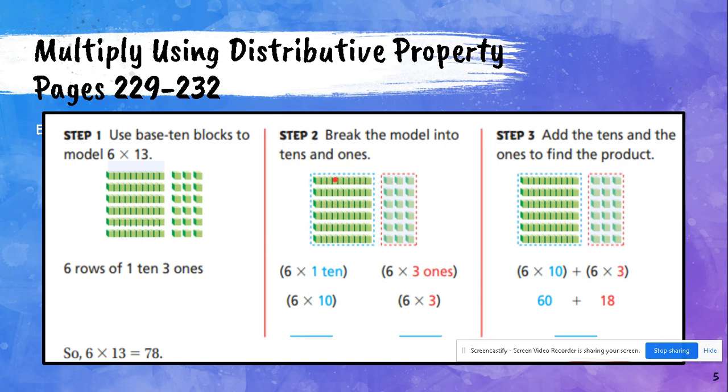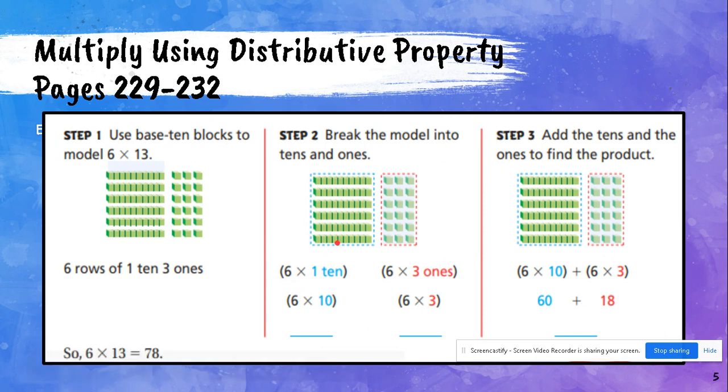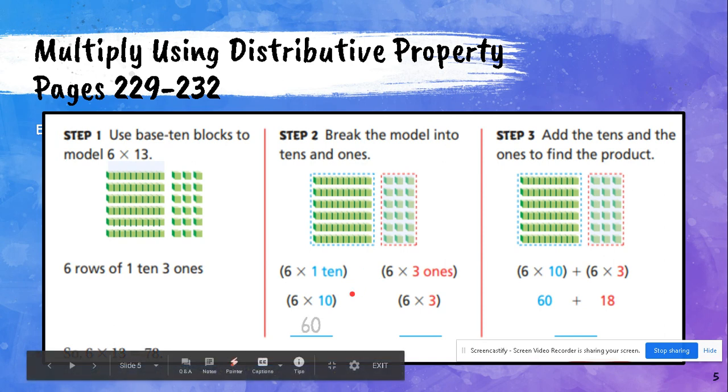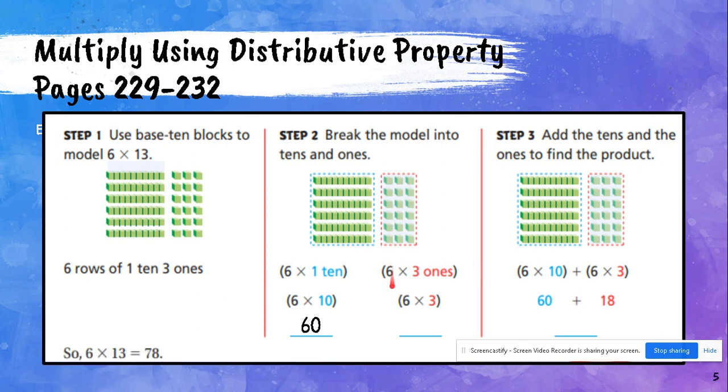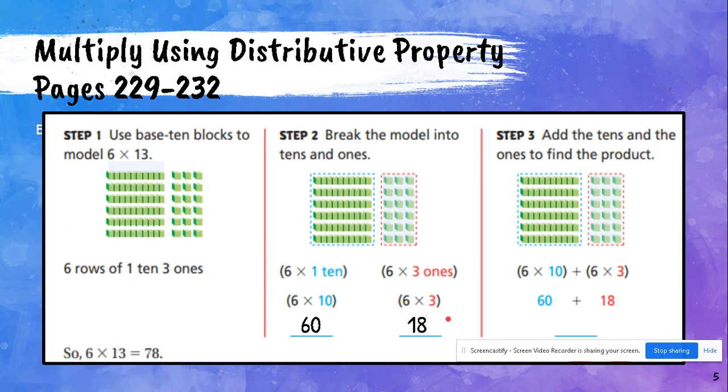So let's count the tens first. 1, 2, 3, 4, 5, 6. So I have 6 times 10 because there's 10 little units in there. 6 times 10 is 60. Now let's count this side. 1, 2, 3, and how many times do we have that? 6 times. 6 times 3 is 18.